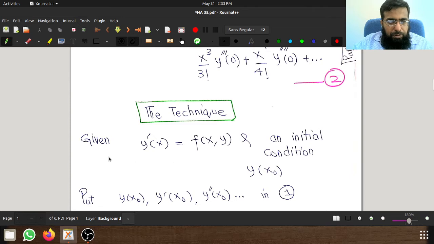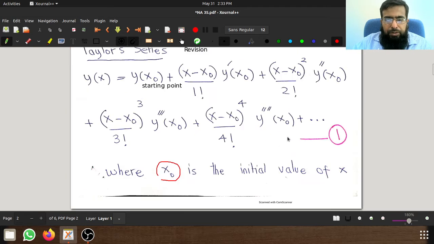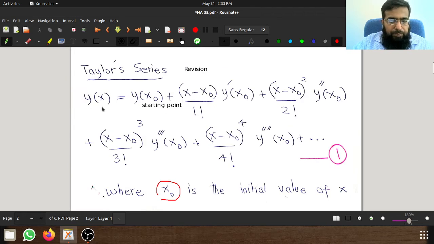So the technique is that given our differential equation and an initial condition y of x naught, we put y of x naught, y prime of x naught, and so on in equation 1, and we find y of x. If we are given y of x naught, the initial condition, then we can compute y prime of x naught, and so on.